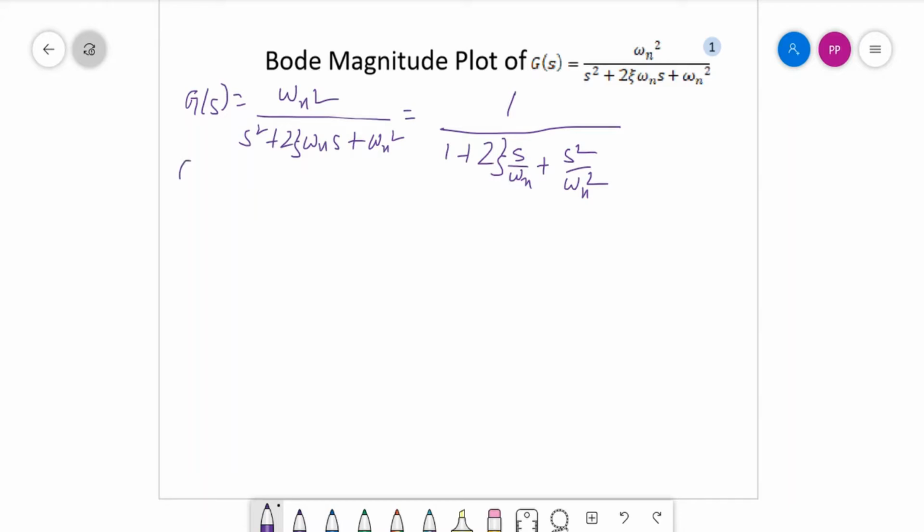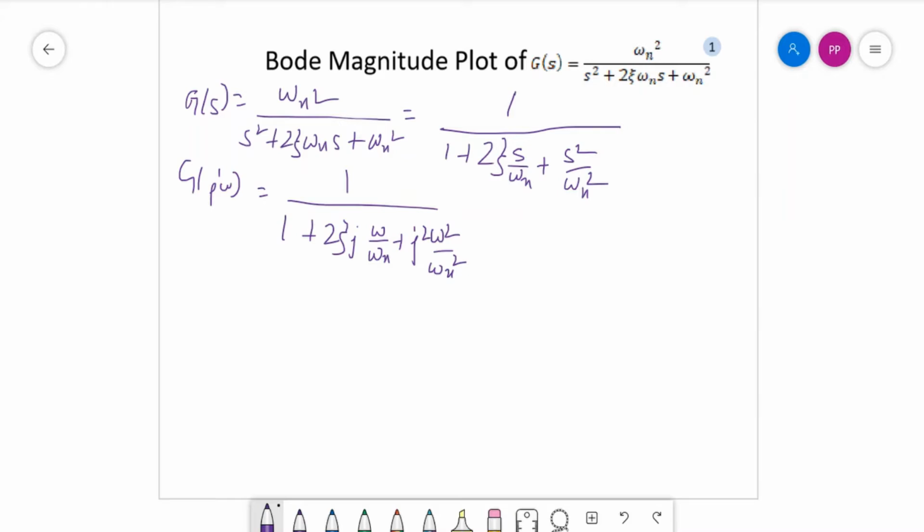Now if I assign s equal to j omega, this becomes 1 divided by 1 plus 2 eta into j omega by omega n plus j square omega square by omega n square. So this derivation we have already done earlier.